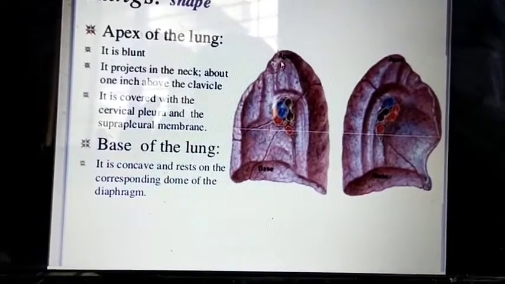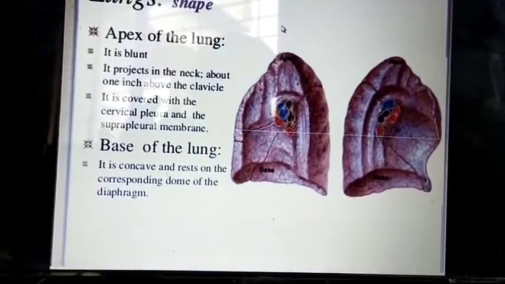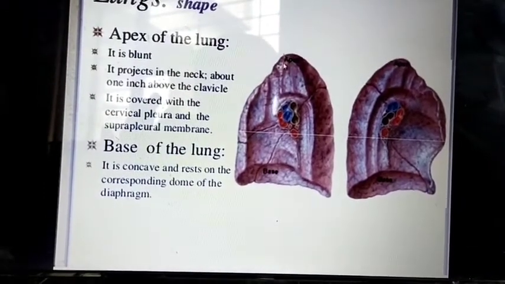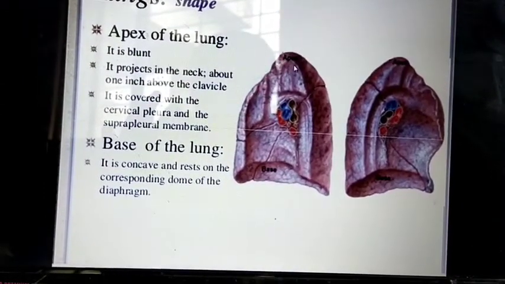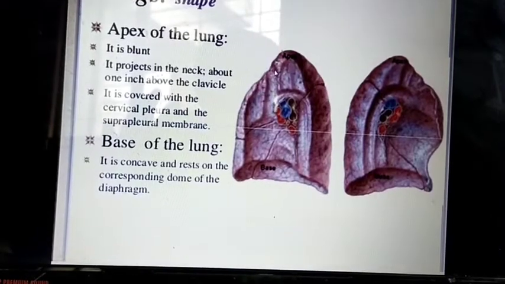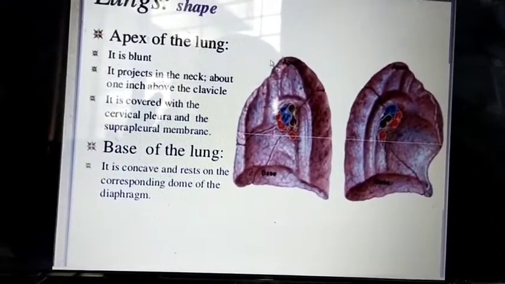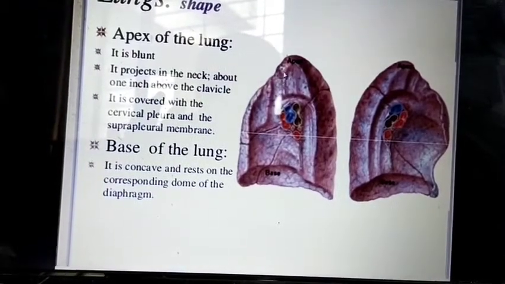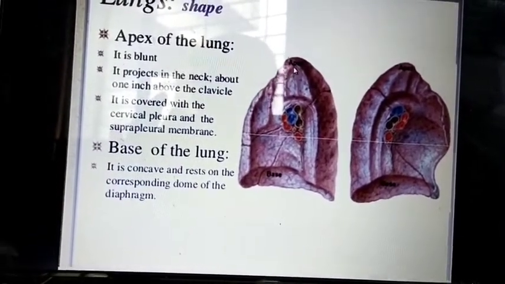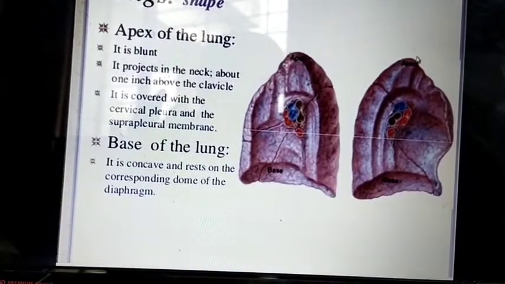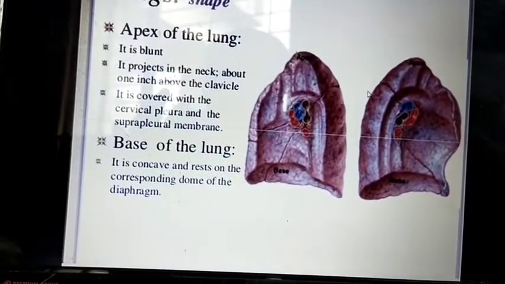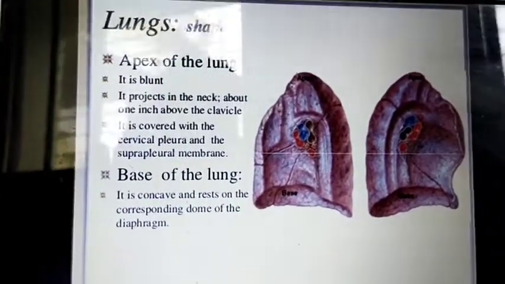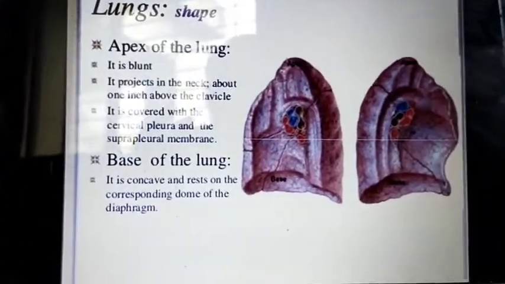The apex is directed upwards, and on both sides it lies a little above the clavicle. You can also hear respiration in this area. The apex is blunt, not sharp, and conical in shape.